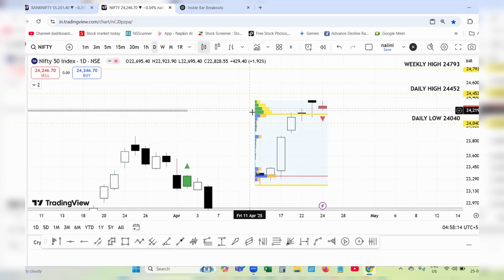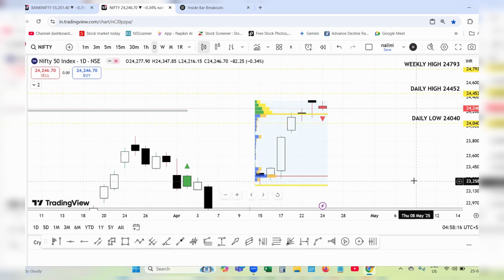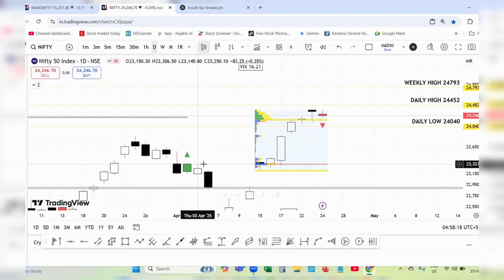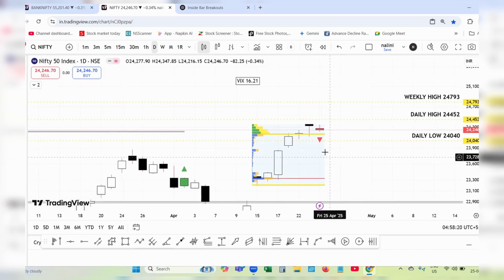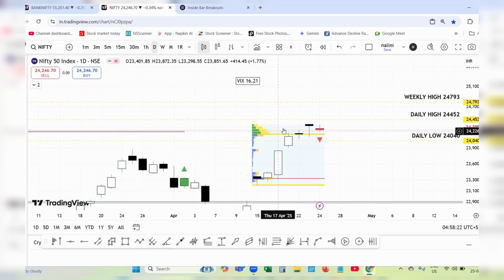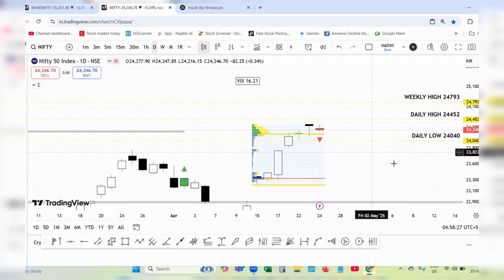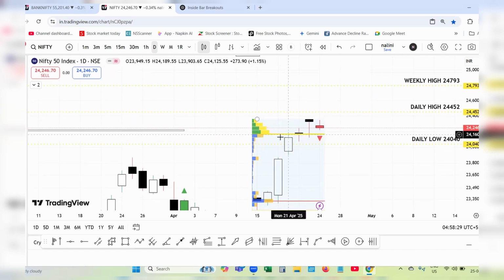Yesterday's price action: I've enabled the indicator to locate the inside bar. This is an inside bar. When an inside bar is formed at the bottom of the mother bar, we have seen gap ups in the market.